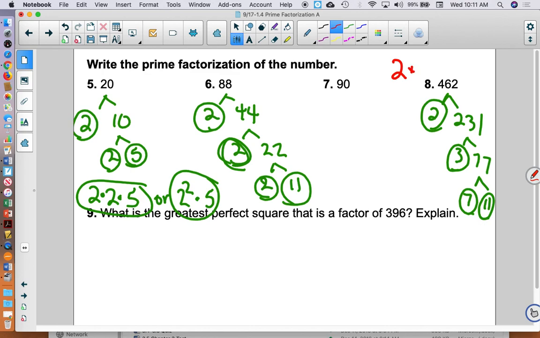So have you written? Here we go. 2 times 3 times 7 times 11 equals 462. Okay. Now I'm going to test it. 2 times 3 is 6, times 7 is 42, times 11 is 462.